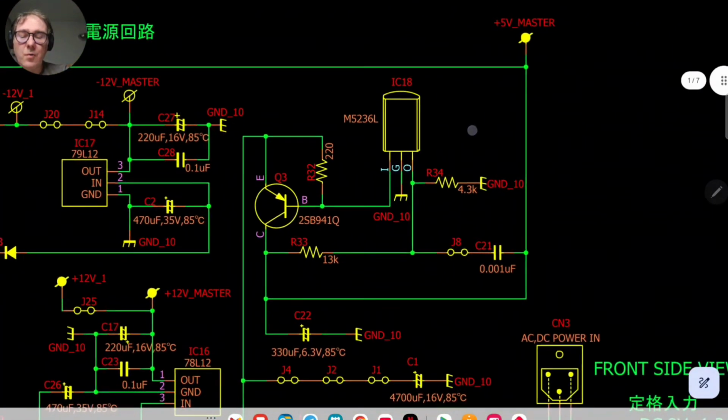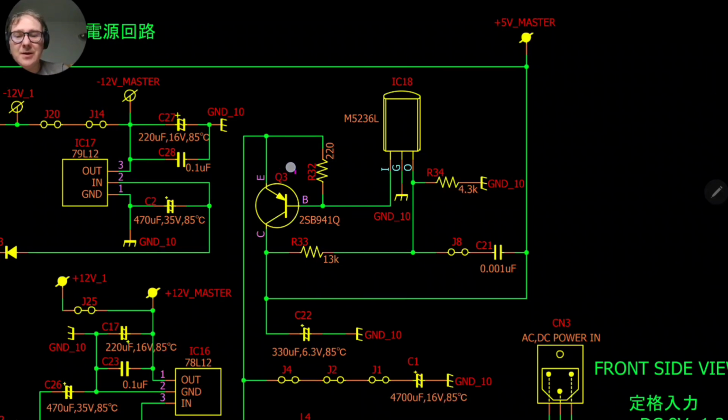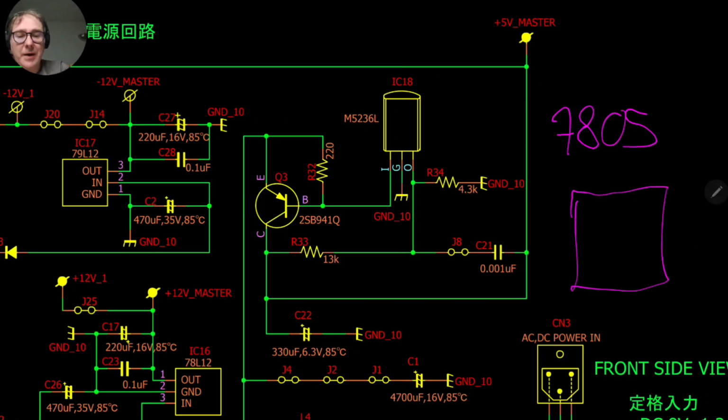Okay, so why do we need this transistor in here? It is related to the way this regulator works. Normally in a linear regulator like the 7805, inside the circuit you have the part which controls the tension or the current, and you have a driver for it, which is able to pass a lot of current from the input to the output.